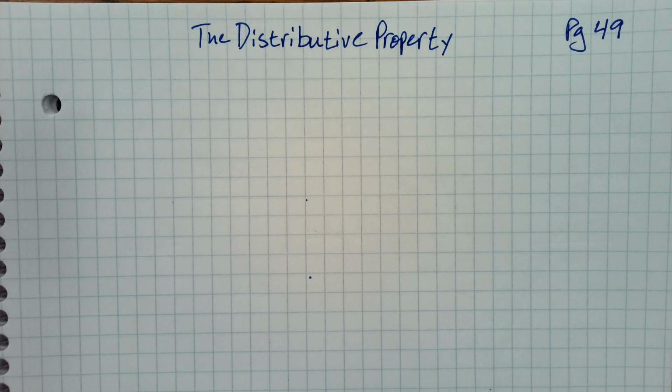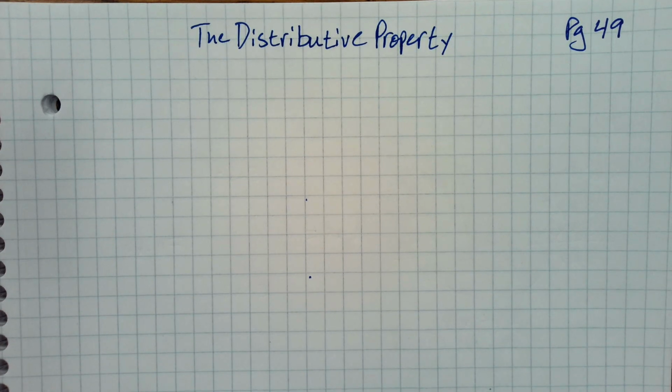So let's begin. The distributive property gets used constantly whenever we're simplifying algebraic expressions. That means you take what we were doing yesterday, a longer variable expression, a piece of math with lots of variables in it, and make it smaller so we can work with it.